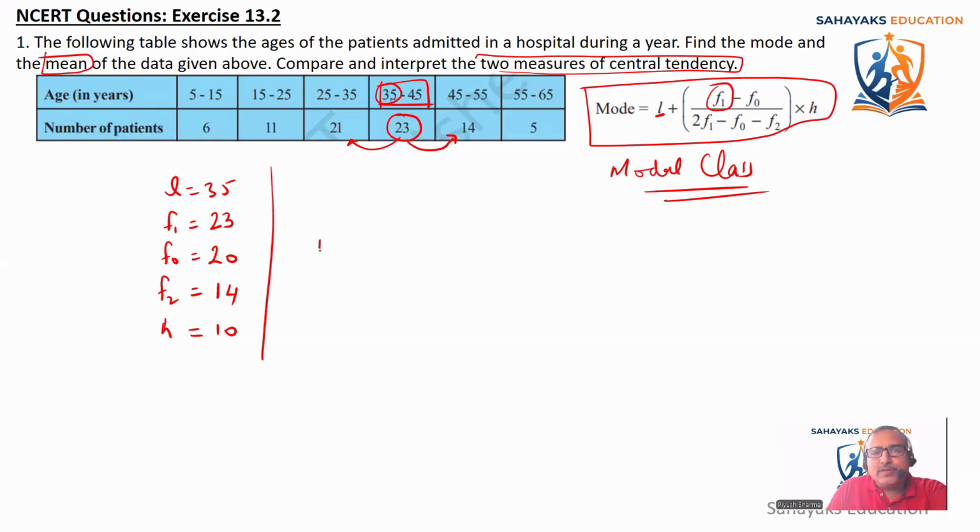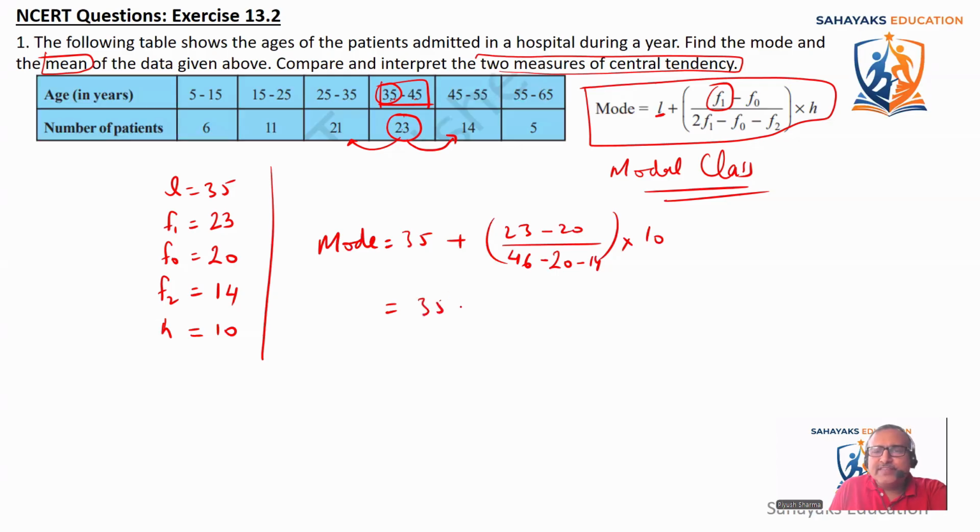Let's compute mode. Mode is equal to L, which is 35, plus F1, which is 23, minus F0, which is 20, divided by 2 times F1, which is 23 multiplied by 2 is 46, minus F0, which is 20, minus F2, which is 14, multiplied by 10.